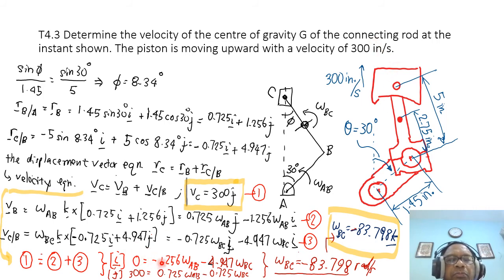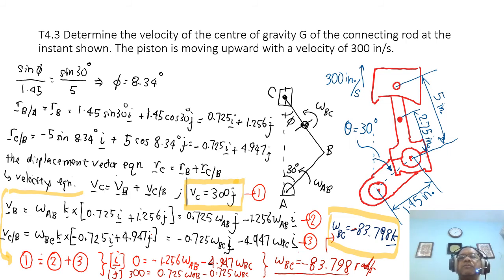So 0 equals 1.256 omega AB minus 4.947 omega BC, and similarly J is 300 equals 0.725 omega AB, and then we solve this equation, we got omega BC equals minus 83.798, meaning that omega BC is in the opposite direction. So we can rewrite omega BC as minus 83.798.